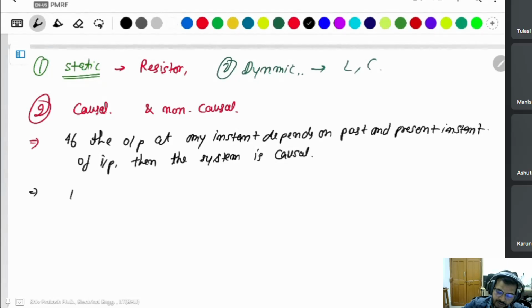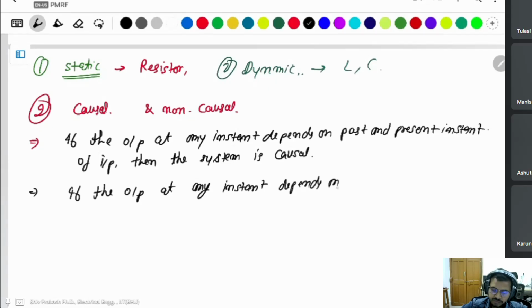On the other hand, if the output at any instant depends on the future value of the input, the system is non-causal.